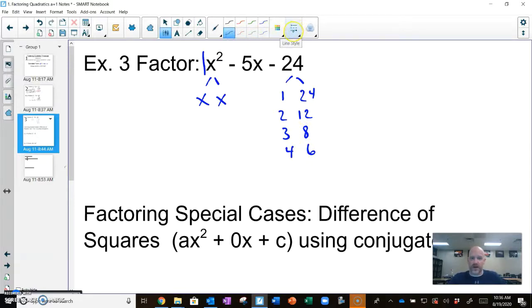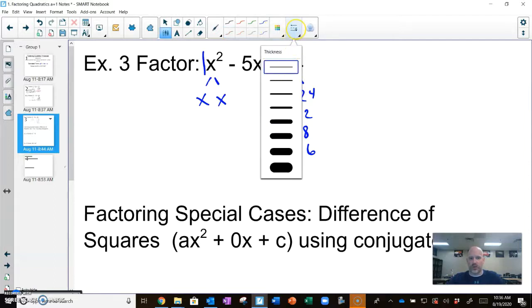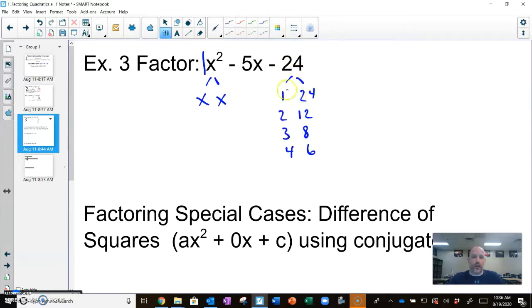Okay, so now I have to ask some questions like, how can these factor pairs possibly combine to this value of 5? Also remembering that this 24 is actually negative, so one of those two factors is going to have to be negative. Can 1 and 24 in some way, shape, or form combine to be negative 5?